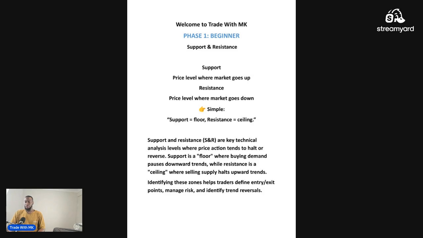Support is a floor where buying demand halts downward trends, while resistance is a ceiling where selling supply halts upward trends. Identifying these zones helps traders define entry and exit points, manage risk, and identify trend reversals.